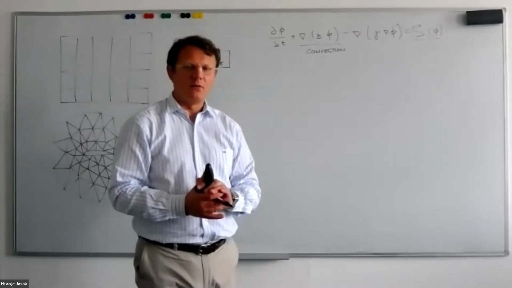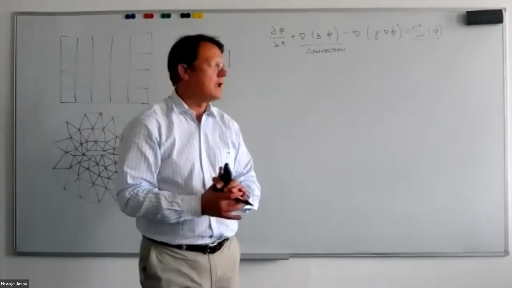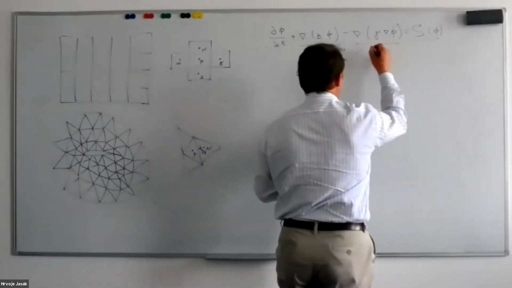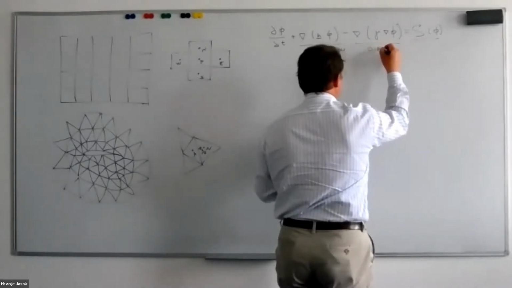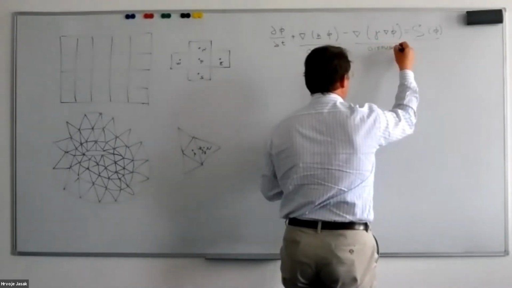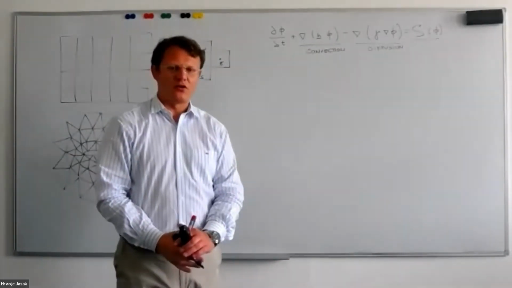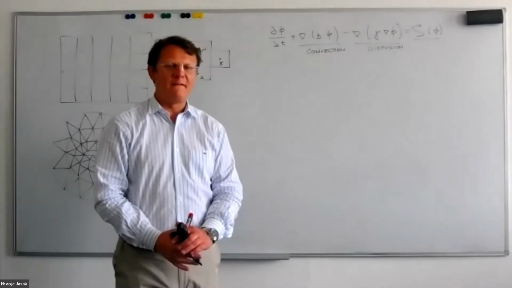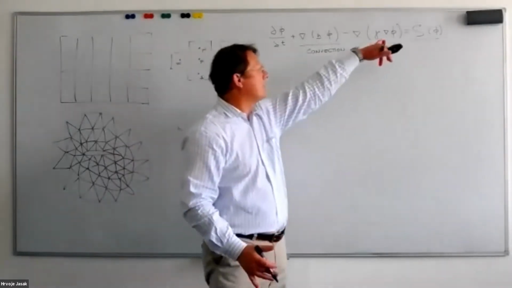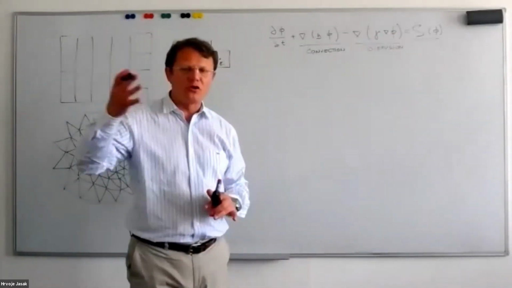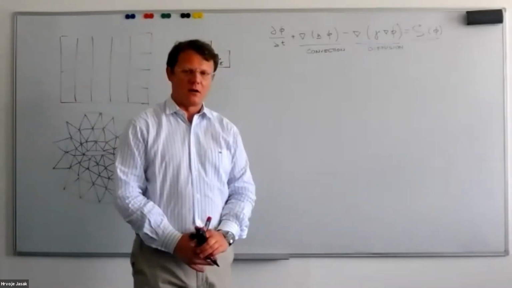The final term on the left-hand side is the diffusion term. It is also referred to as gradient transport, and it will move phi from the region where the values are high towards the region where the values are low.